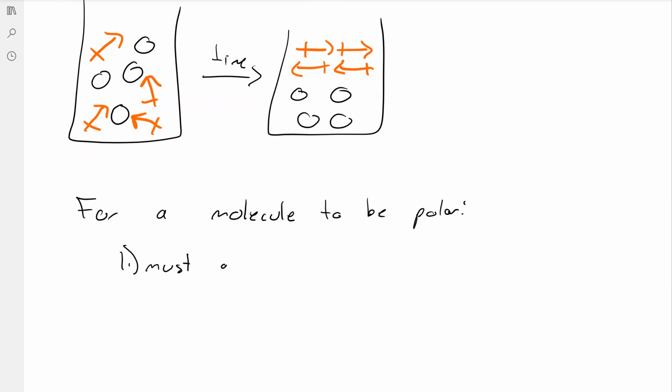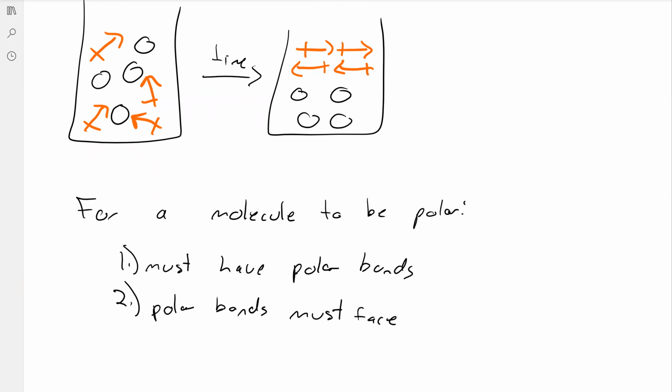One, they must have a polar bond or multiple polar bonds, depending on how many bonds you have, must have at least one polar bond. So we've already learned about that a little bit. We'll learn some more detail on it, but that's just the difference in electronegativity. And then the second thing is that these polar bonds must face in approximately the same direction. So in order to check criteria number 2, we have to think about the three-dimensional shape of our molecule, which we'll learn about today.